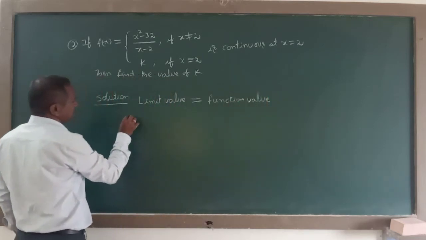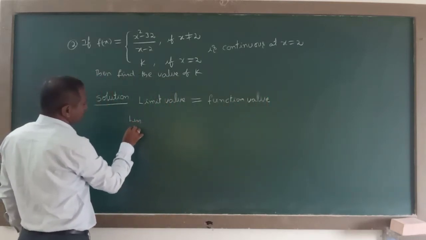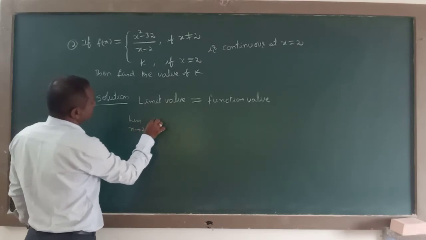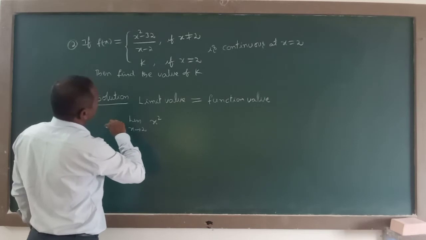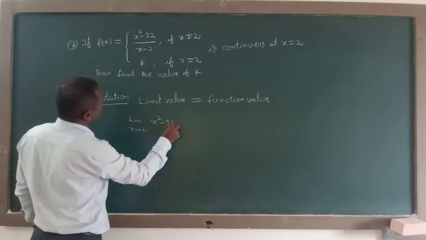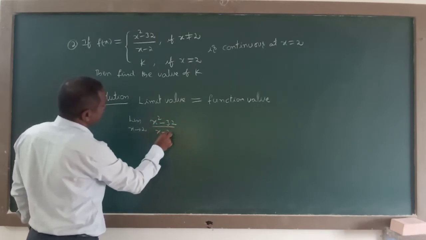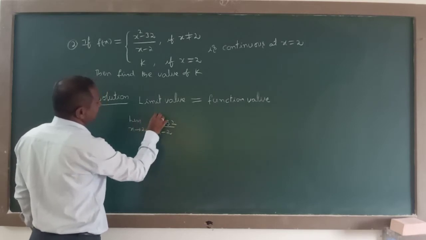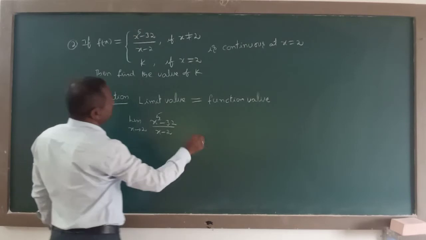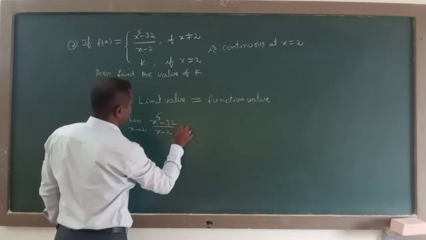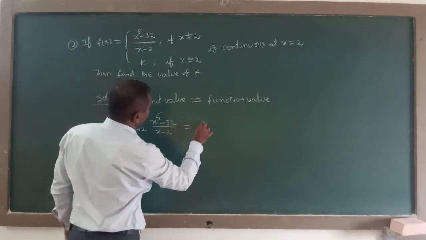That is, limit x tending to 2 of x to the power of 5 minus 32, whole divided by x minus 2, for x not equal to 2, is equal to f of 2.